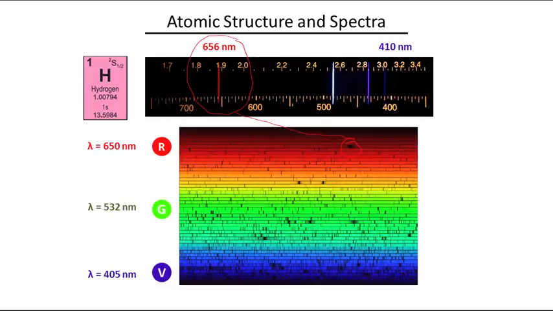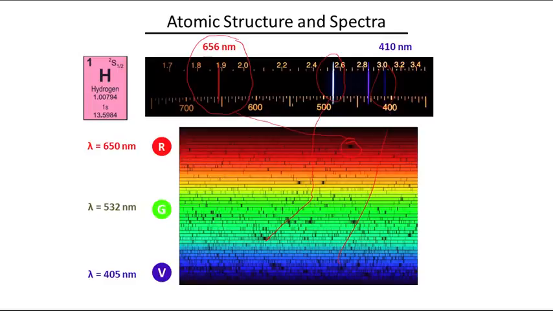In fact, this line at 656 nanometers is this large dark gap here. This line is down here, I believe, and the others have their counterparts in the relevant portions of the spectrum.